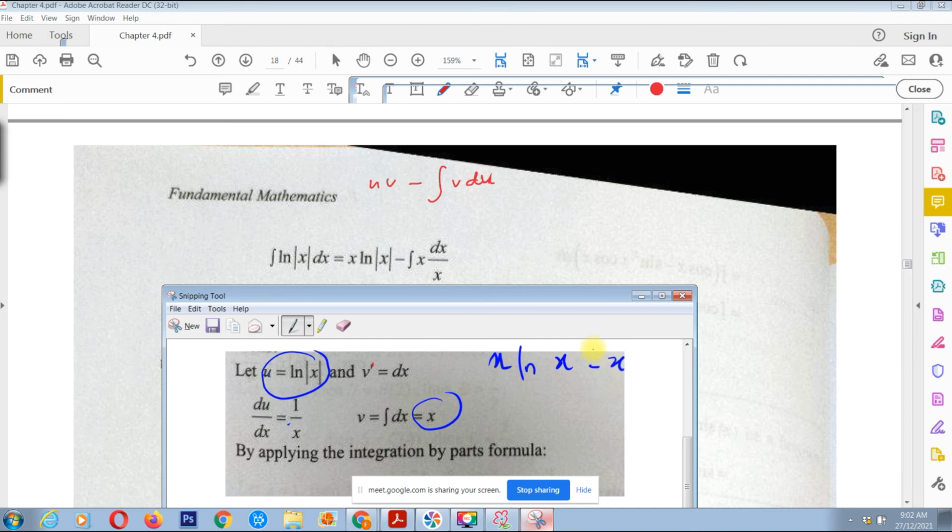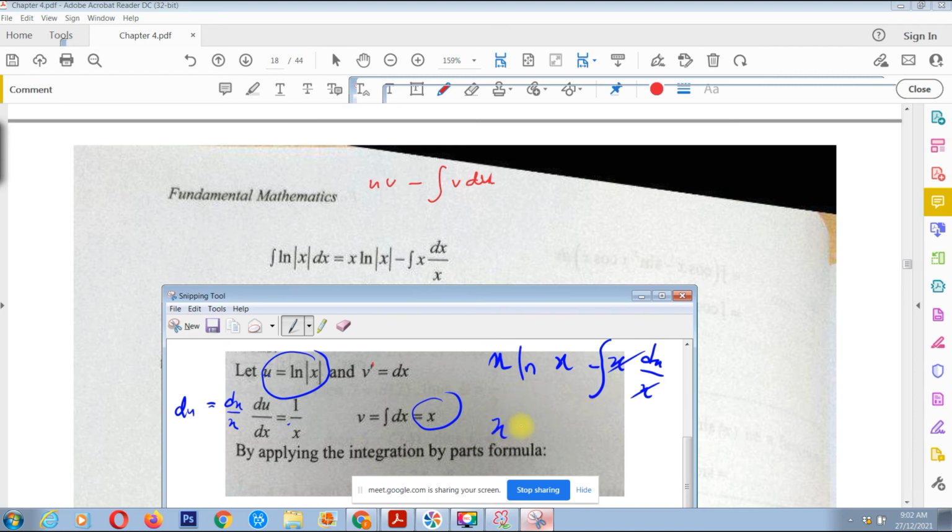So du, what is du? du is 1 over x dx. So dx over x, so you can eliminate there.